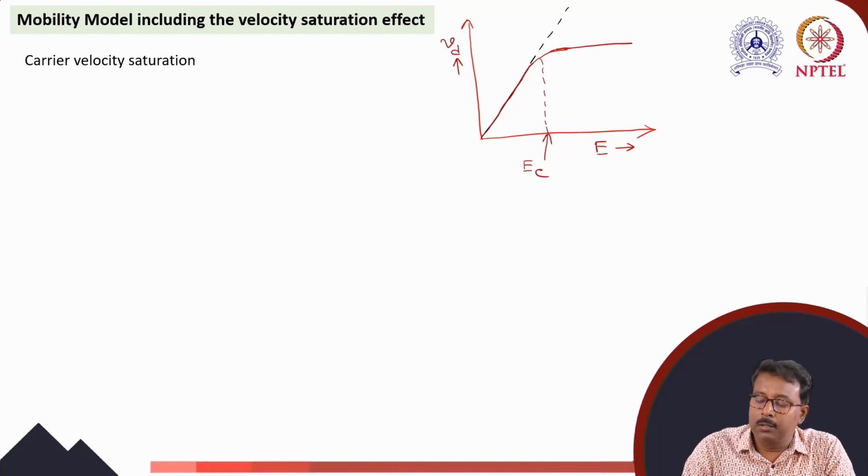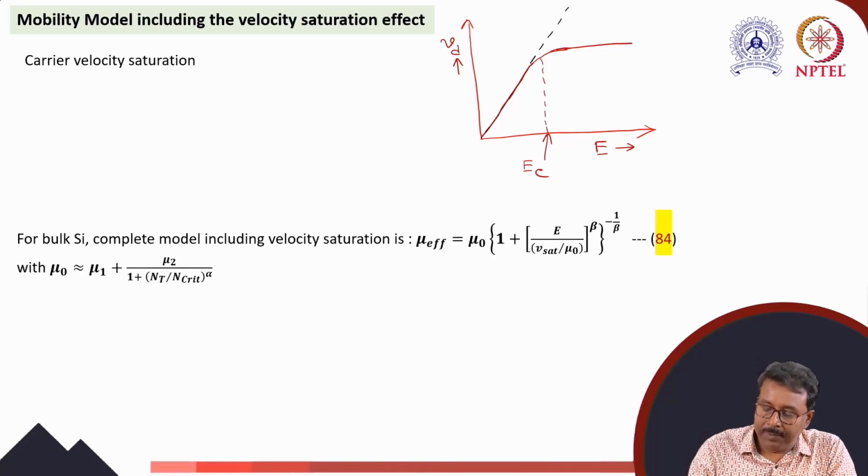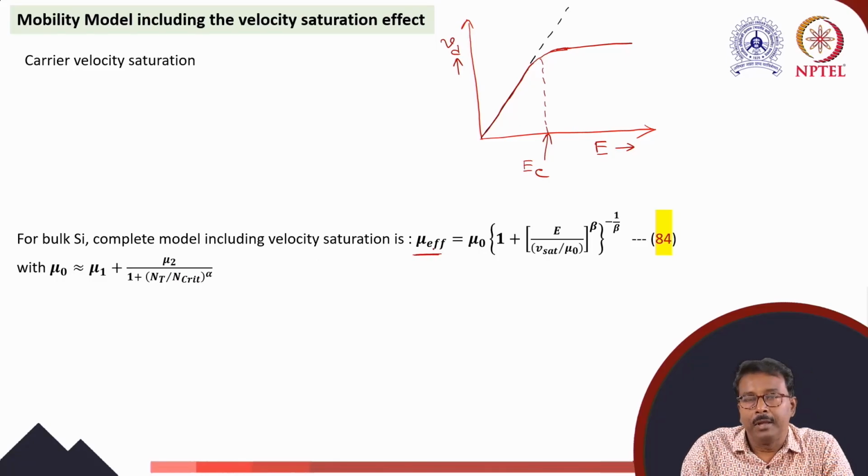This velocity saturation effect can be included in the mobility equation by this formula. Say effective mobility, mu effective, is modified by a term, where this is mu 0 multiplied by this modification term.